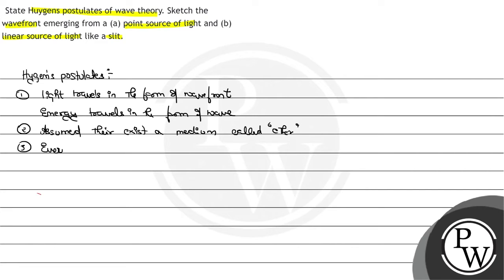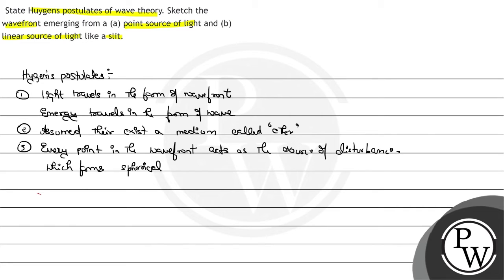every point in the wavefront acts as the source of disturbance, and due to this disturbance there is a spherical sphere formed which gives rise to spherical waves.